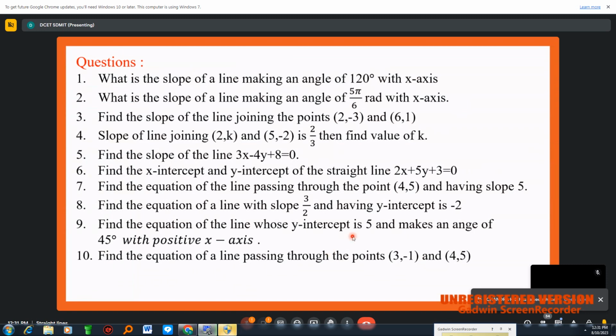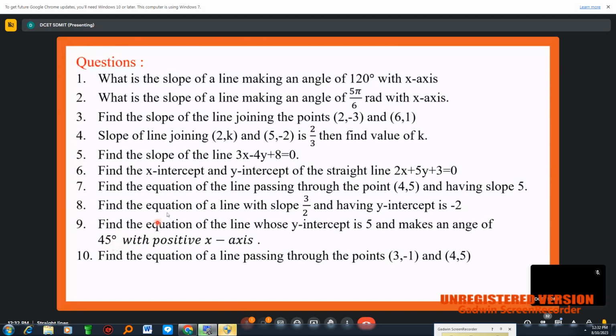Ma'am, one doubt. In the ninth question, they gave the angle, 45 degrees. If they give the angle in radians, you need to convert it into degrees and then find the slope.